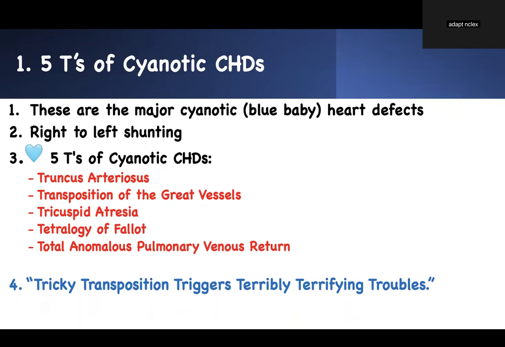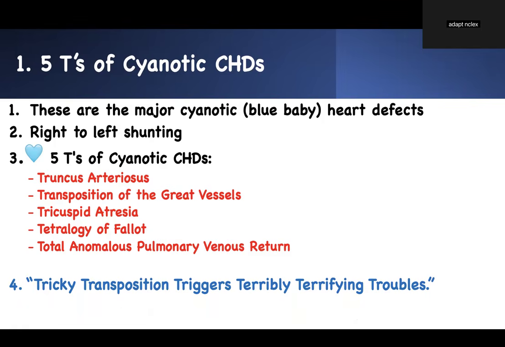Therefore, how do you remember them? It's the 5 T's. Tricky, transposition, triggers, terribly terrifying troubles, right? Terrifying troubles are the Tetralogy of Fallot and total anomalous pulmonary venous return. They are the most terrible ones. The first one is the tricky one. Then you get it transposed, and triggers terrible, terrifying trouble.